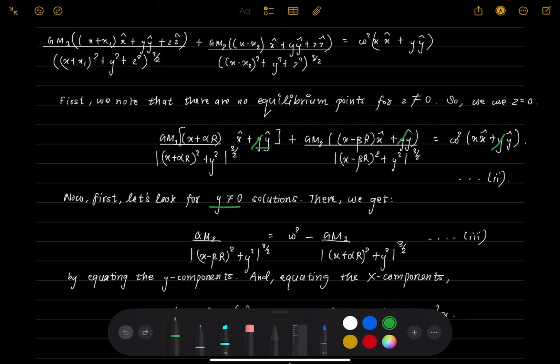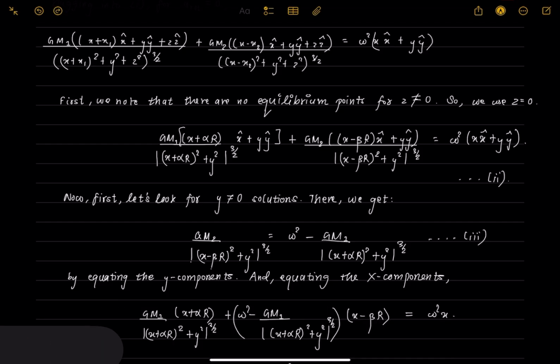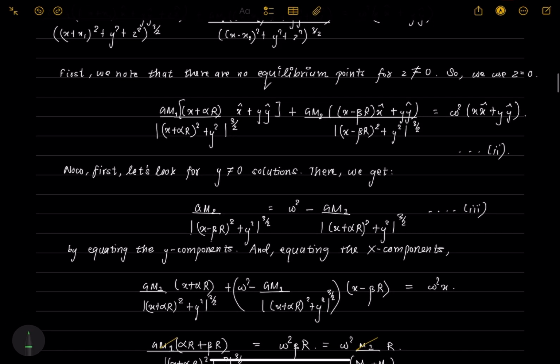We can only cancel the y's for the y not equal to 0 component. If we look for y equals 0 components, then equating the y components will yield nothing because y equals 0 will just cancel out everything and that equation won't even make sense, right? So we can only equate the y components for y not equal to 0 solutions, and if we do, we're going to get this.